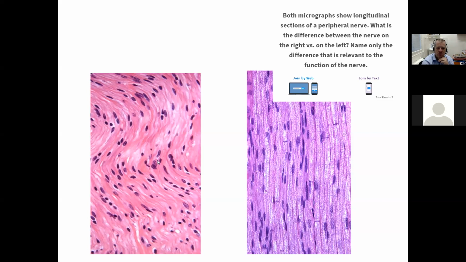Is there something that we can make a conclusion from? Is there some difference between these two nerves? Some difference that could be relevant to the function of the nerve. That's actually why we care.